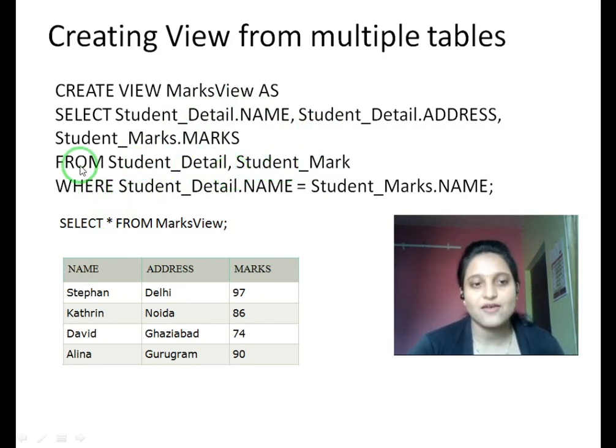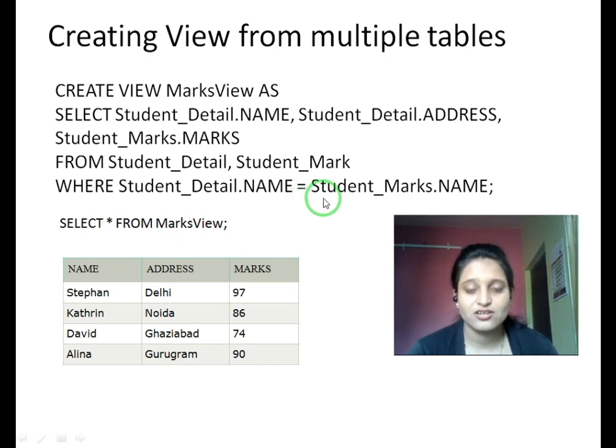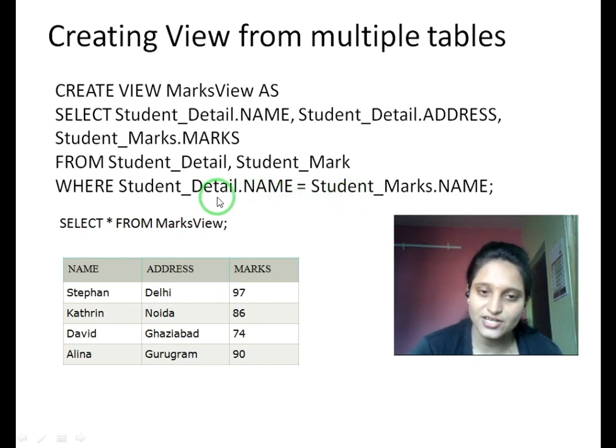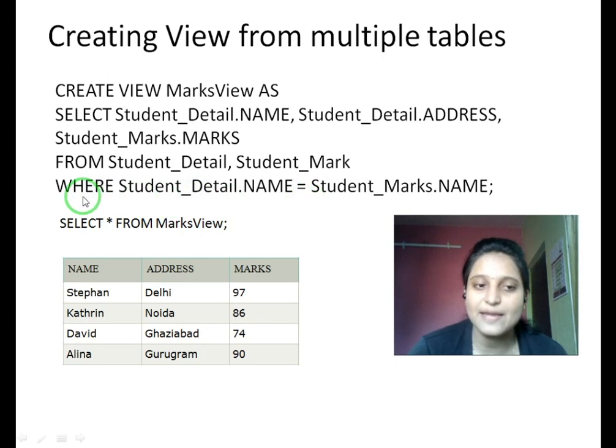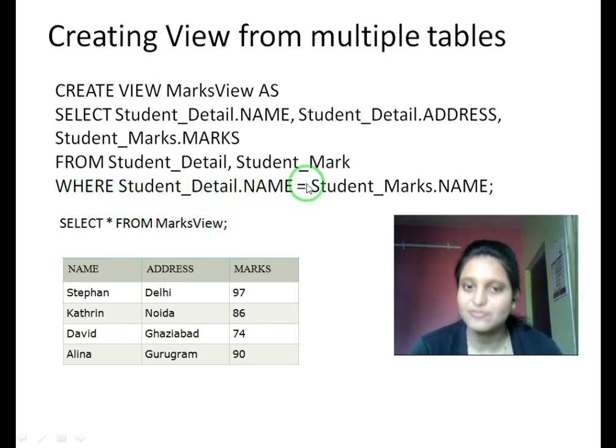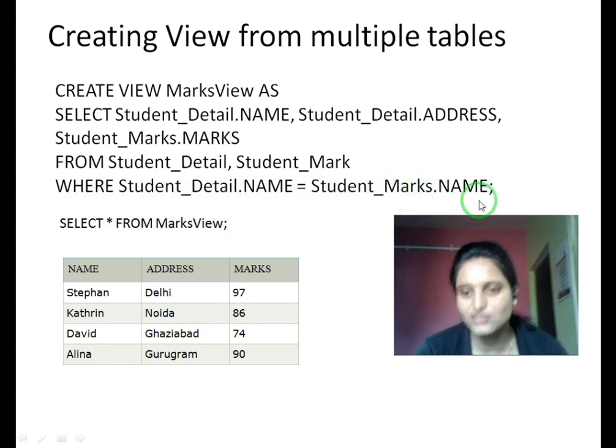Okay, and after WHERE is the condition. I want to build a relation on a common attribute. So in student_mark and student_detail, the name attribute is common. Therefore, I place a where condition that student_detail.name is equal to student_mark.name.